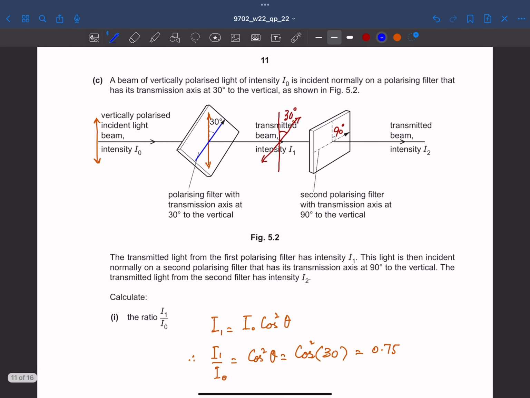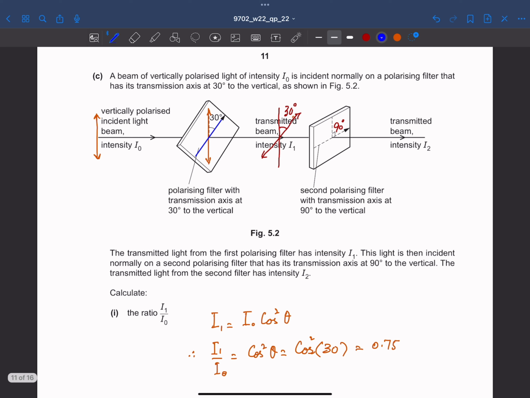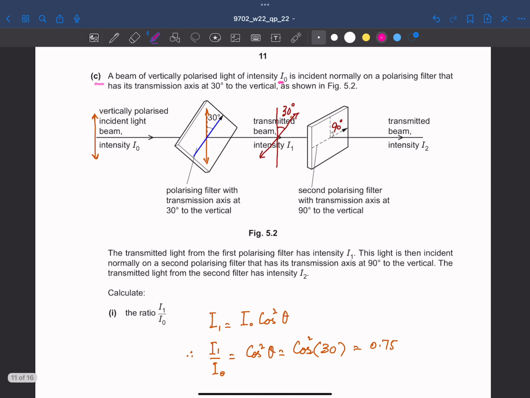Then in part C, we have a question based on polarization of light. The question is: a beam of vertically polarized light of intensity I0 is incident normally on a polarizing filter that has its transmission axis at 30 degrees to the vertical, as shown in the figure.